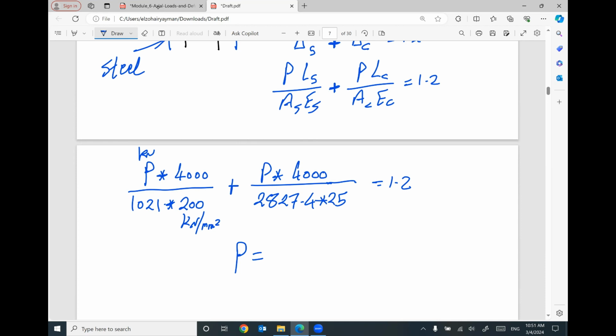So 4,000 divided by 1,021 times 200 plus 4,000 divided by 2,827.4 times 25.